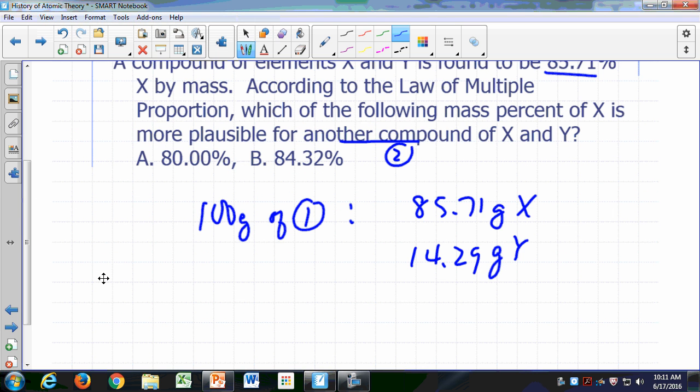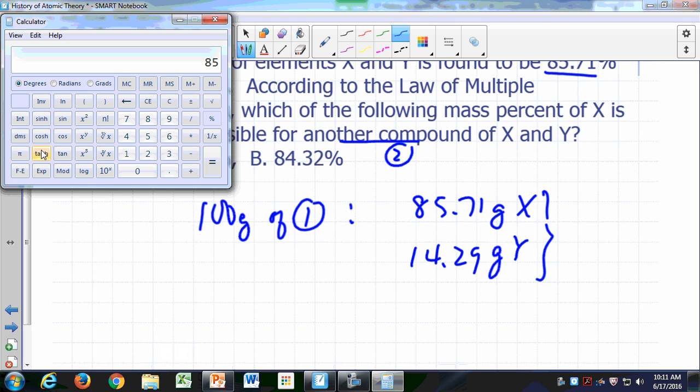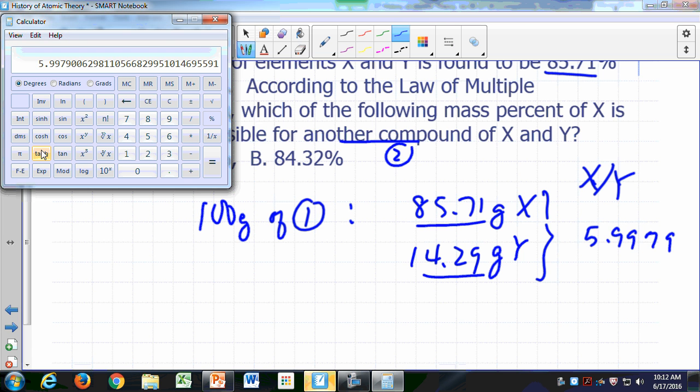So the mass ratio would be 85.71 divided by 14.29. This is the X to Y mass ratio, and it is 5.9979. I have 4 sig figs here, so I'm going to keep an extra digit.